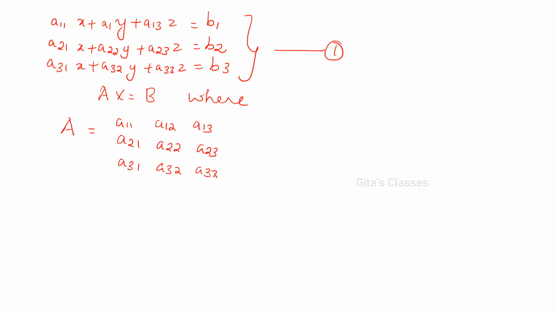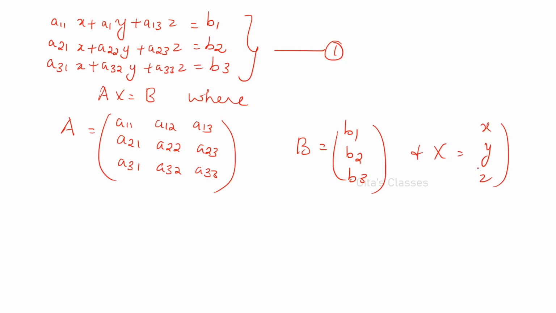That is the coefficients of x, y, z in all the equations. And B is the right hand side constants B1, B2, B3. And x is equal to x, y, z.